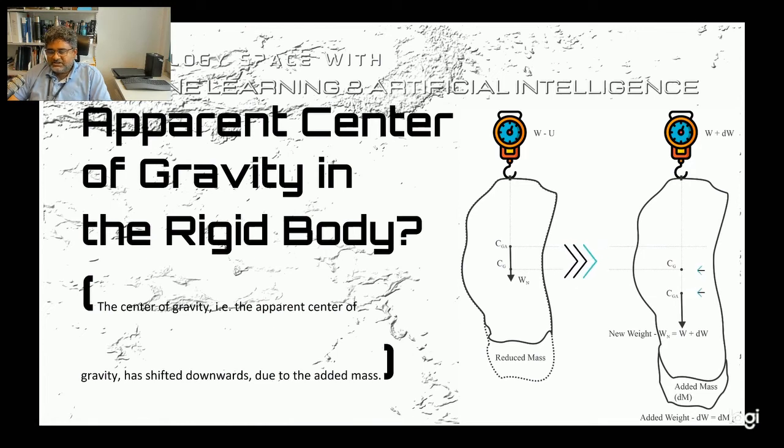So when these rigid bodies are interacting with fluids, you can imagine these center of gravity locations can vary. The reduced mass situation we have discussed, saying when a rigid body is submerged into a fluid, you would see this reduced mass situation. The added mass situation I will discuss in my future slides.